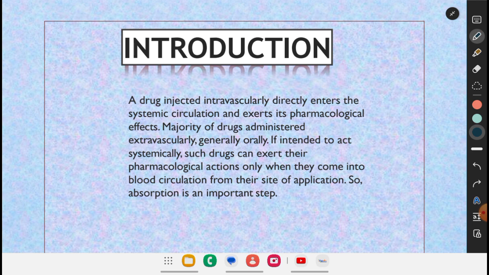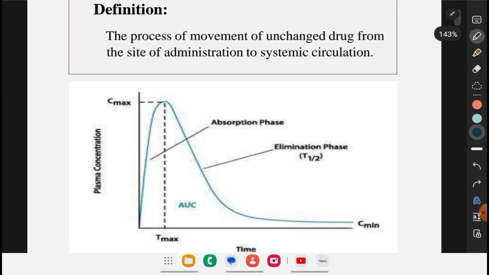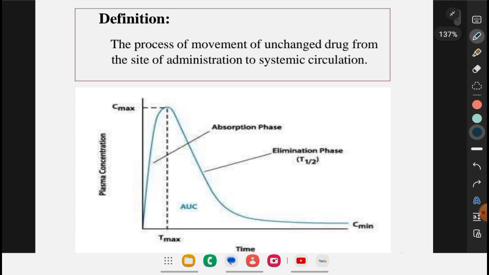Drugs can exert their pharmacological action only when they come into the blood circulation or their site of application. So absorption is an important step in drug administration. Here you can see the process of movement of unchanged drug from the site of administration to the systemic circulation.